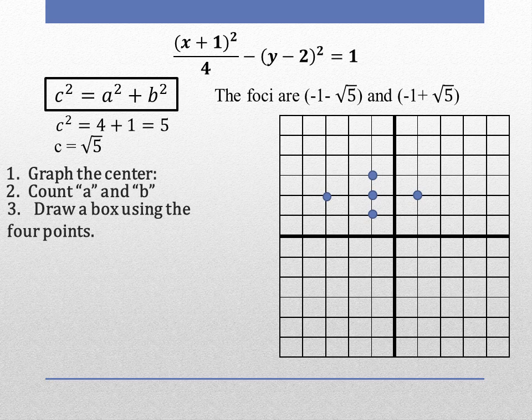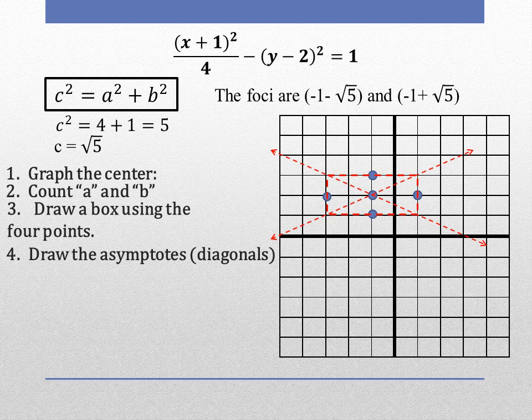Okay, we're going to draw our box. Then we're going to draw the asymptotes. And then finally, we're going to draw the hyperbola. And it opens left and right because it's going to follow the direction of the x-axis. And that is the hyperbola.